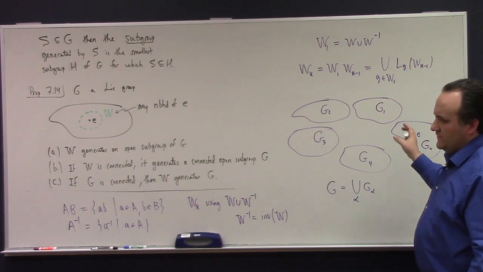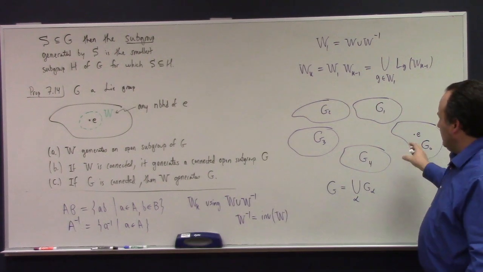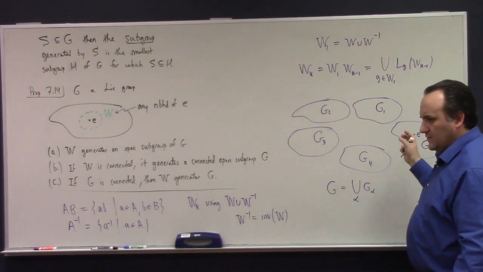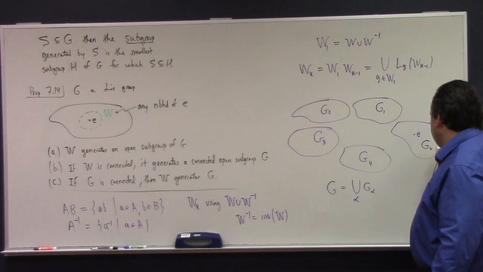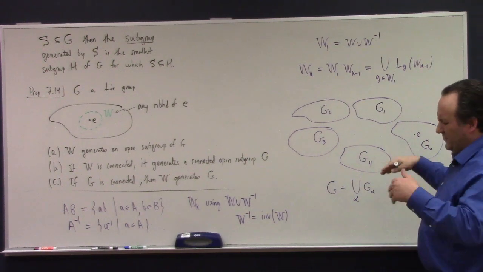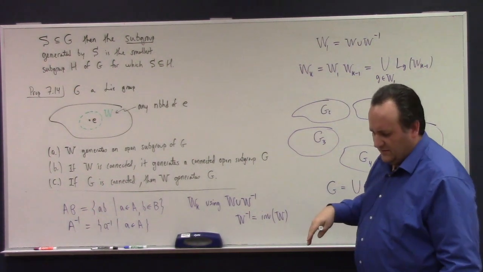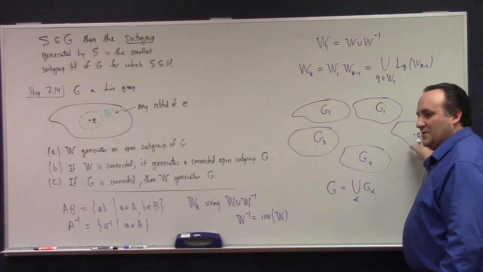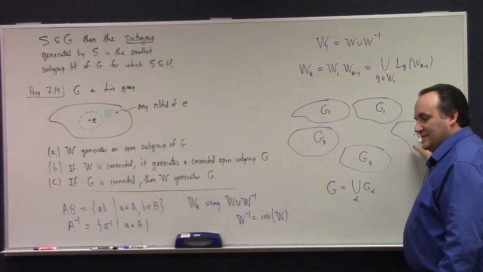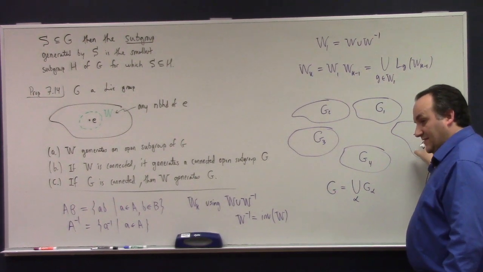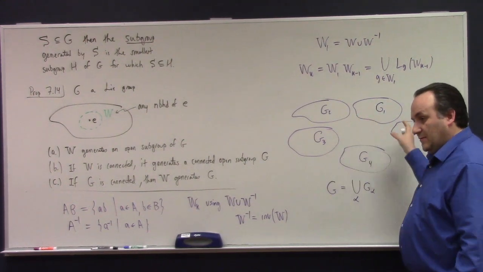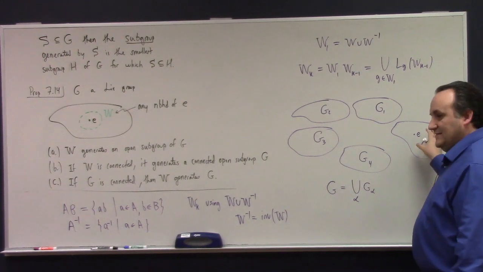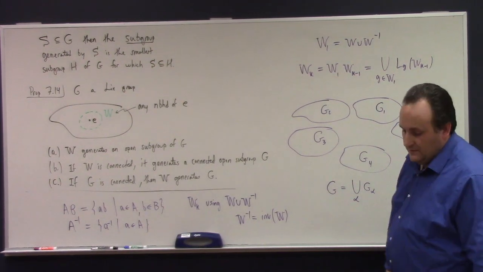So the connected components, I think every one of them is both open and closed, though I don't remember the topology well enough to tell you off the top of my head. But it's not surprising that this is the only connected component which is a subgroup, because the identity is only in one of these. So that's the only one that can be a subgroup, because you need the identity element to be a subgroup.